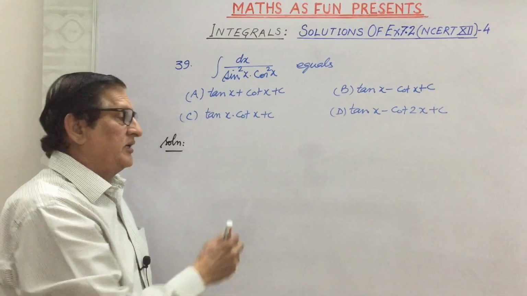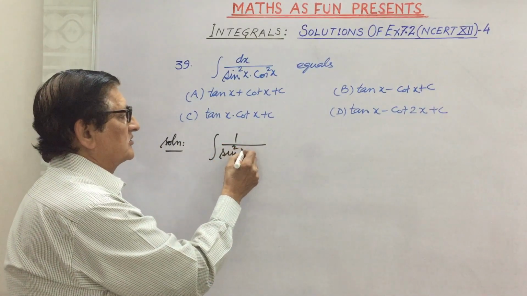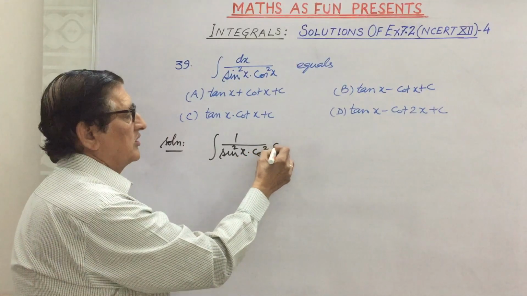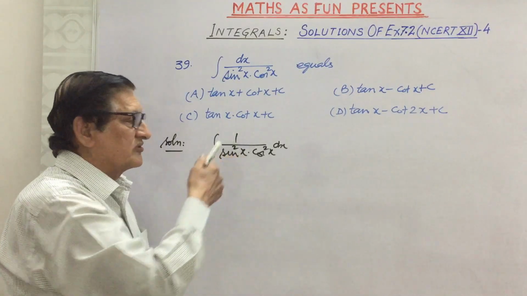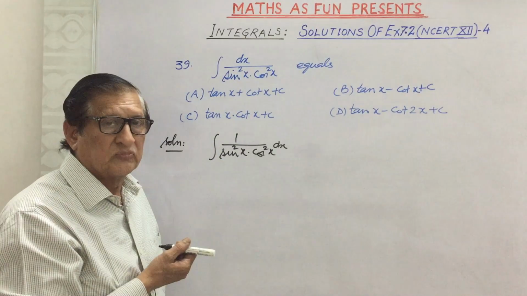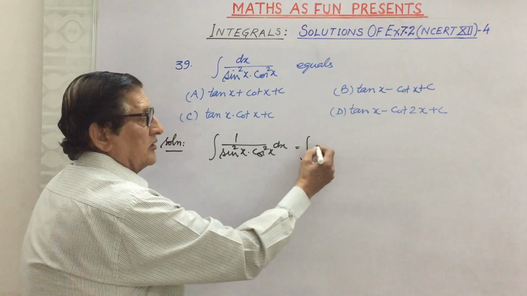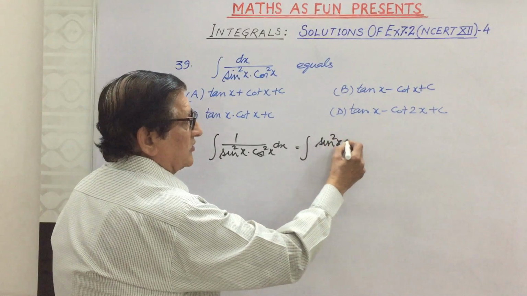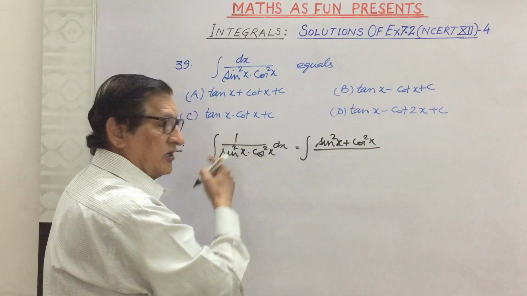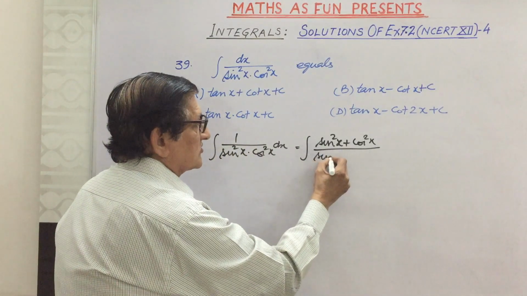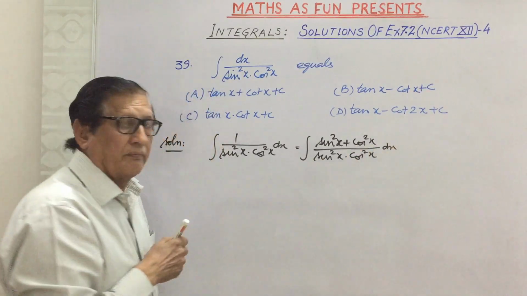For that, the easy way is we write the question first, 1 upon sin^2 x cos^2 x. We know that 1 can be converted to the form of sin and cos, that is sin^2 x plus cos^2 x. So we write in the numerator sin^2 x plus cos^2 x in place of 1, and in the denominator sin^2 x into cos^2 x.